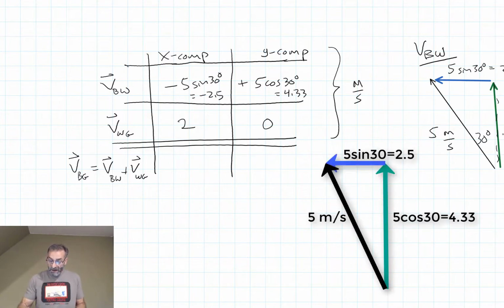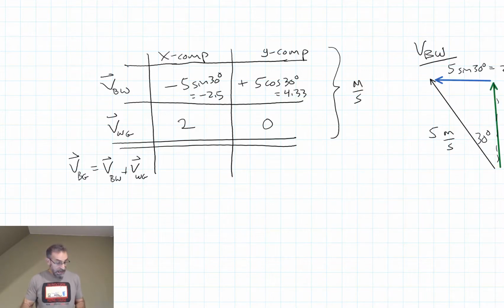And I use sine and cosine because I'm just looking at a triangle here. I have a triangle, and I know that the adjacent side of the right triangle has a cosine of this angle, and the opposite side is a sine. So I'm ready to add these up.